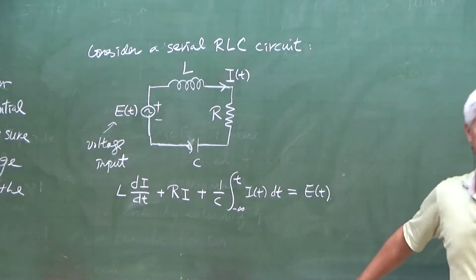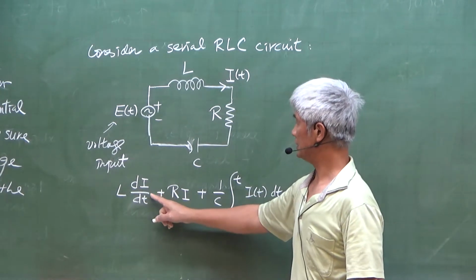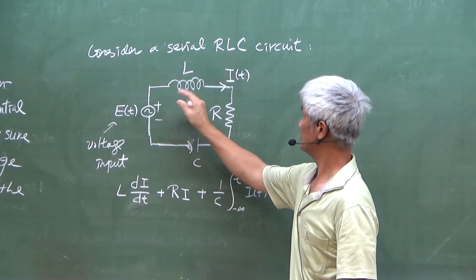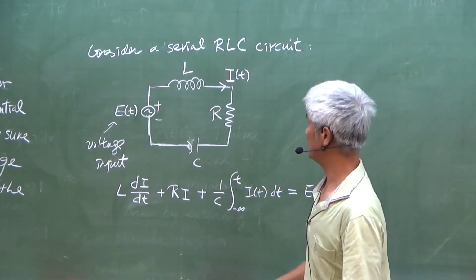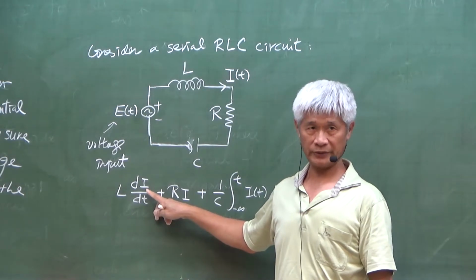Okay? Because the voltage over the inductance is proportional to the derivative of the current flow rate.